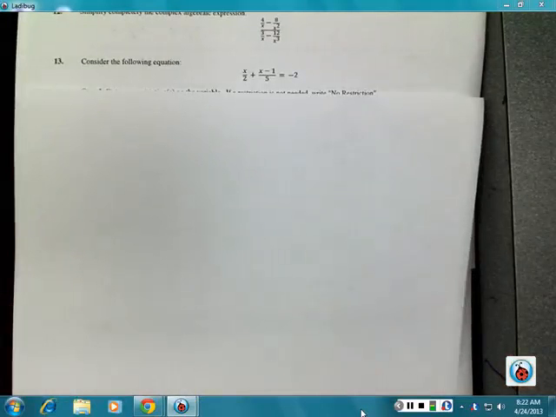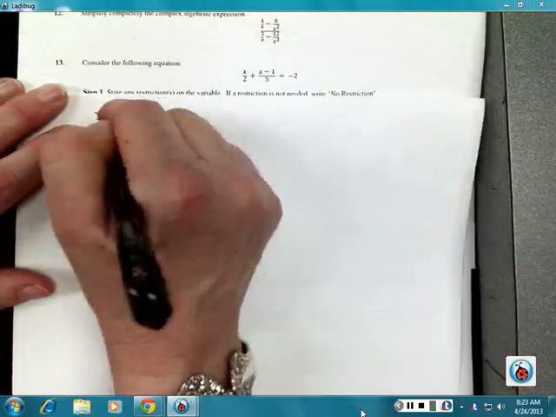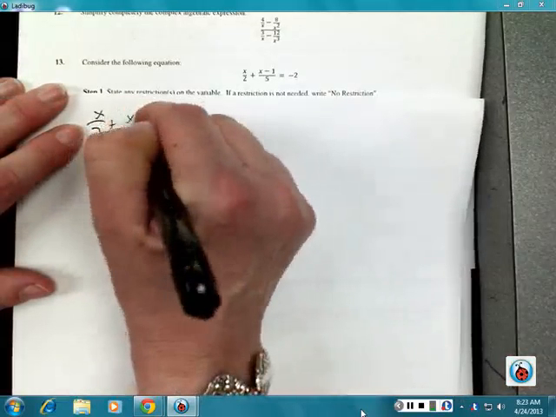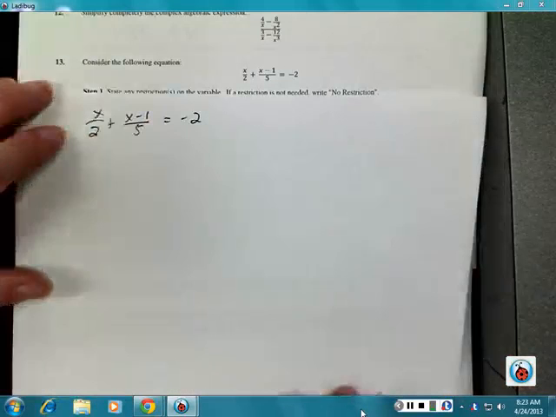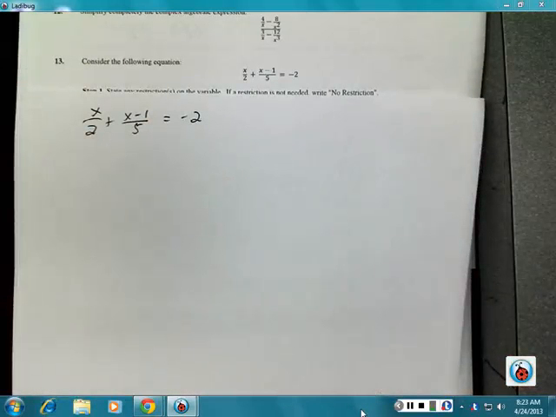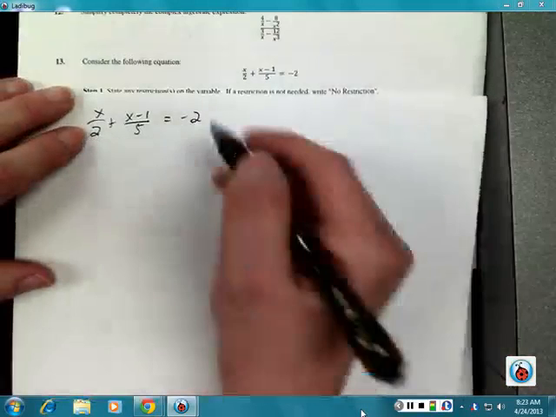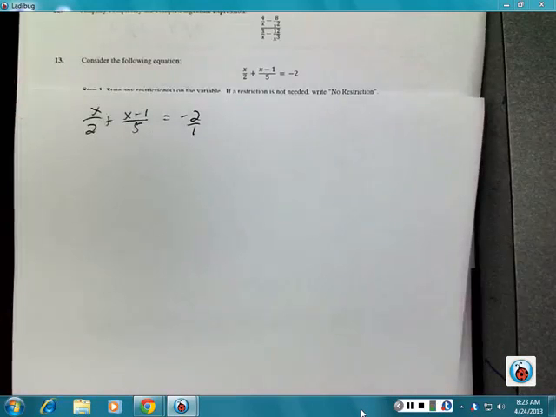Okay, 13 is x over 2 plus x minus 1 over 5 equals a negative 2. Now, for this one, I need a common denominator between all of these pieces that I have in order to remove them.